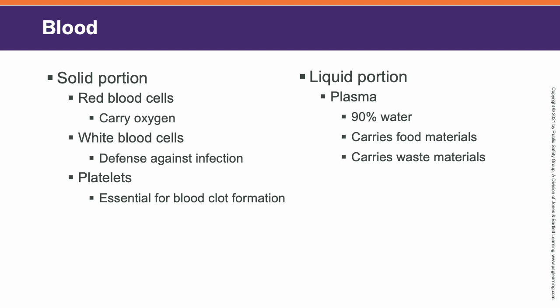Your white blood cells are there for your immune system. They fight off infections. Platelets are used for forming clots to stop bleeding. And then the liquid portion of your blood, your plasma, is 90% water. And then the other 10% of your plasma is made up of food materials and waste materials that are dissolved in the liquid portion. Okay?